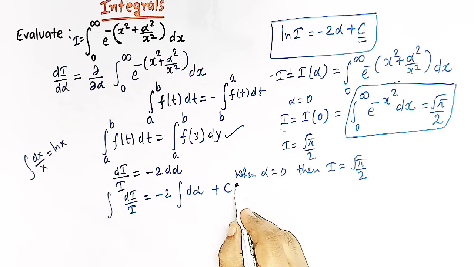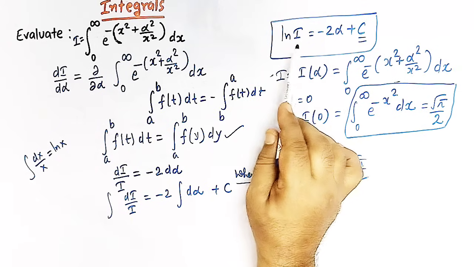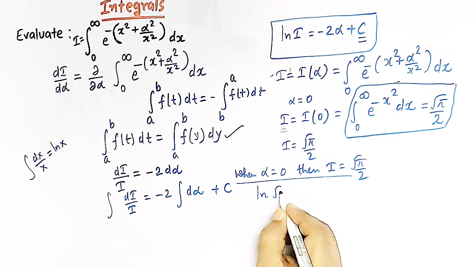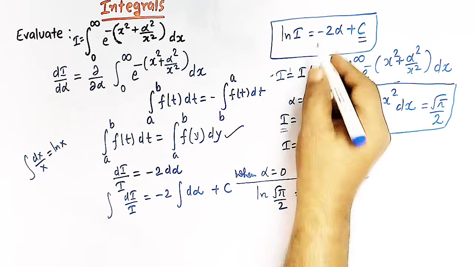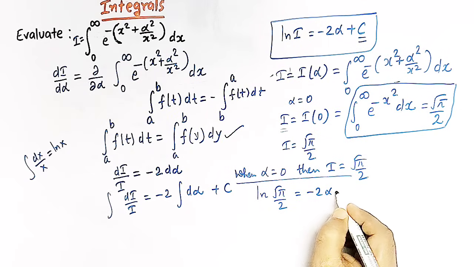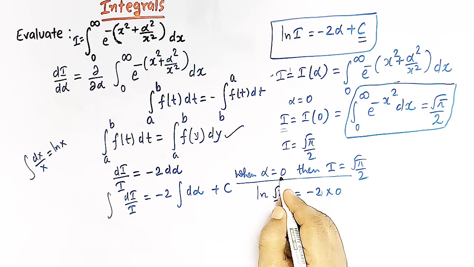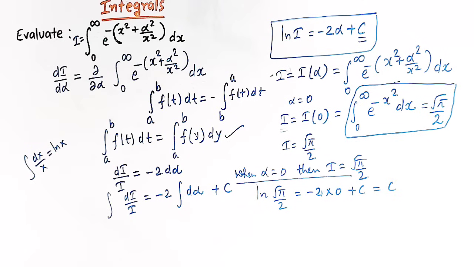So let us make use of this condition to get the value of c. So taking these values in this equation, we have natural log of root pi over 2. I is root pi over 2. Here we have minus 2 times 0, because alpha is 0, and plus c, that is simply equal to c.